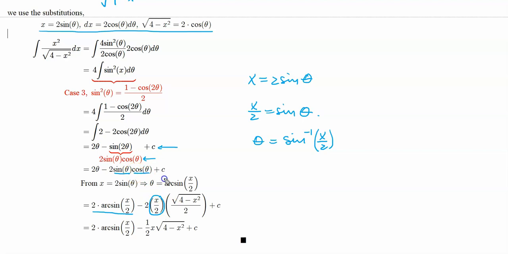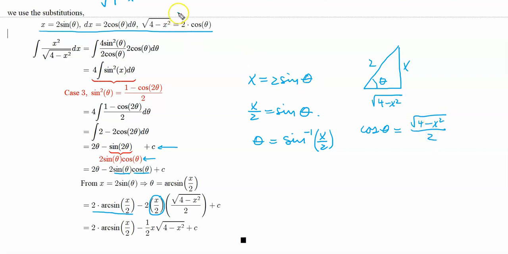Now for the cosine theta, if you think back to your diagram, I'll just quickly jot it down right here. Okay, right here was theta. The cosine of theta is adjacent over hypotenuse, so that is the square root of 4 minus x squared over 2.